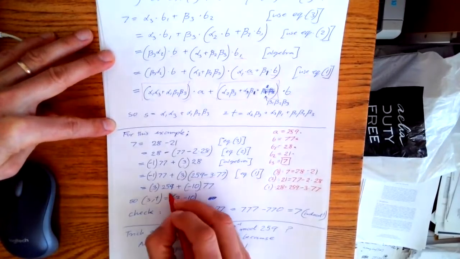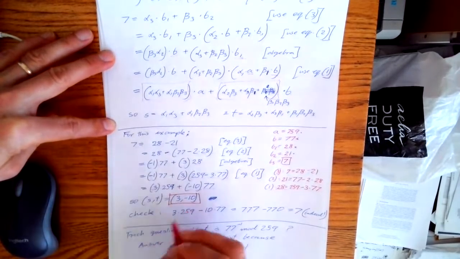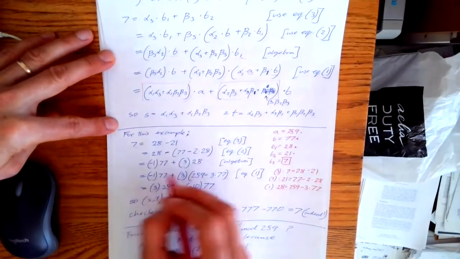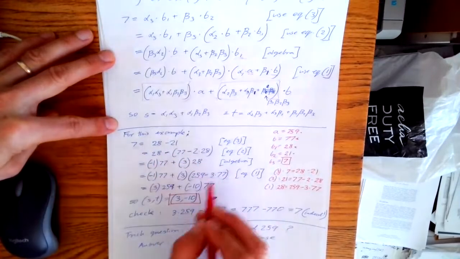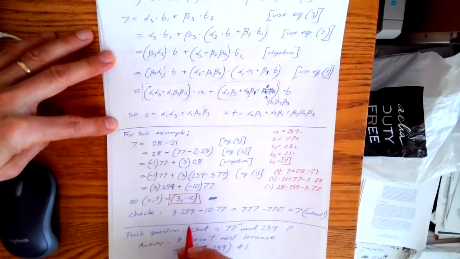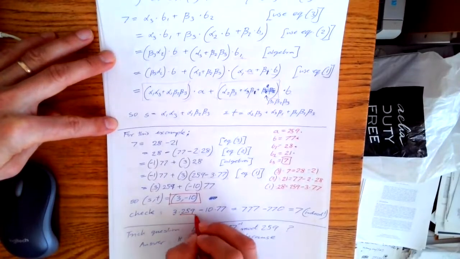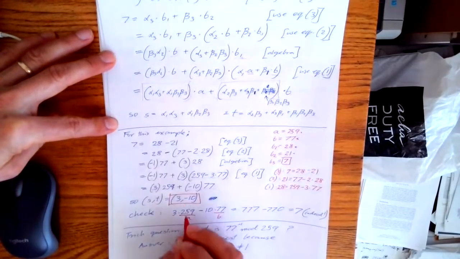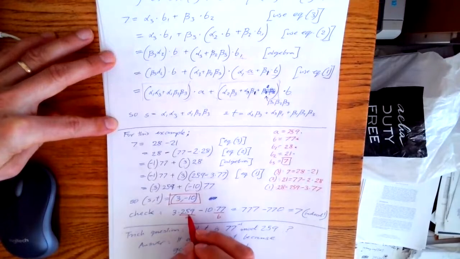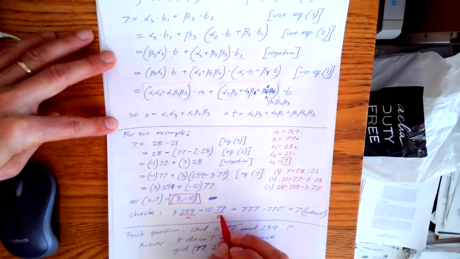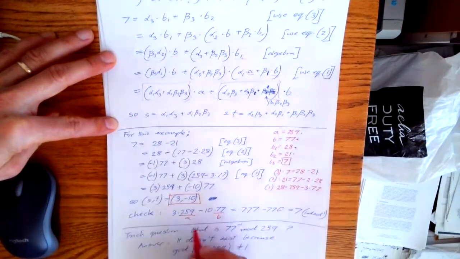Okay, and now this is your answer, right? So these are the claimed coefficients. But let's always check that these answers are correct, right? Because there's plus minus everywhere, it's easy to make a mistake. So here's the check. This was our A and this was our B. So let's see if 3 times A plus -10 times B is really equal to the GCD, and it is, right?